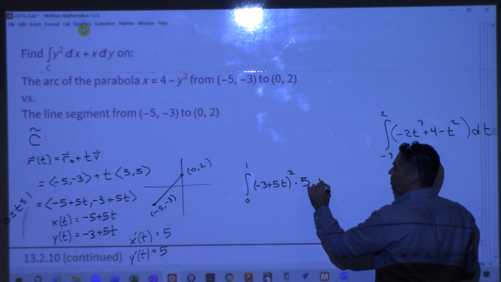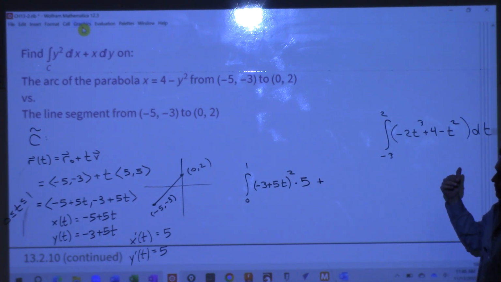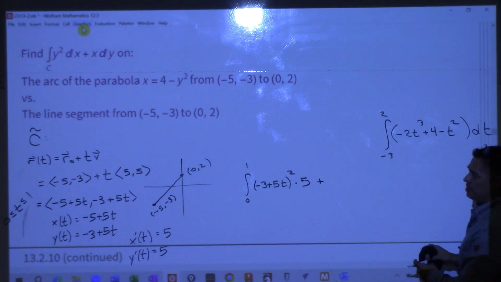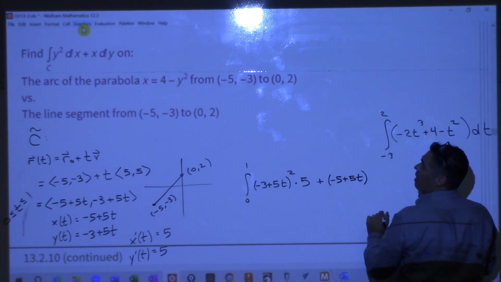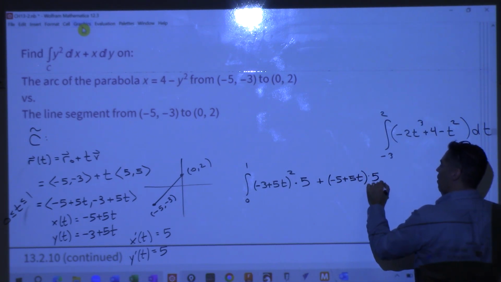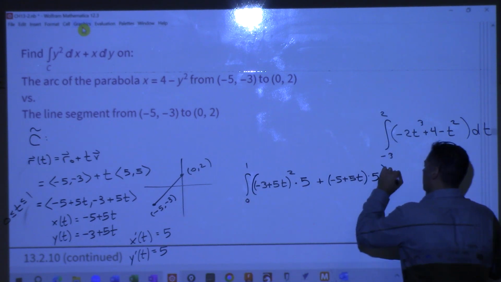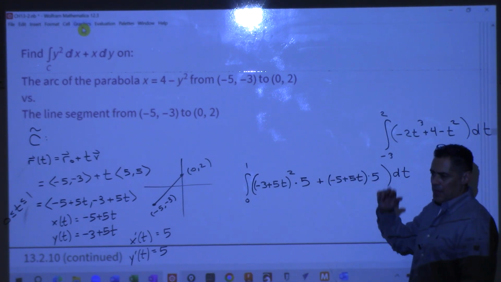Plus, I'm going to do this all in one integral, plus x, which is -5 plus 5t, times dy, which is 5 again, and then all of this dt. So that one I did together, just all at one time. And then we can figure out what that is, right?